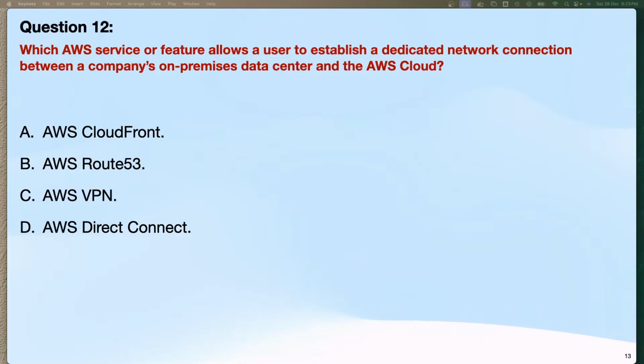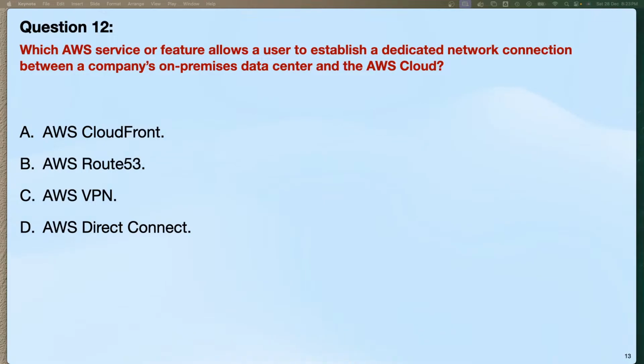And AWS Route 53, we discussed this also. AWS Route 53 is a DNS service, for DNS resolution, like you give the website apple.com and it will resolve the domain to an IP address.